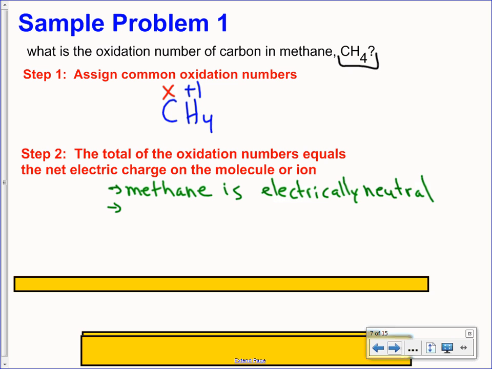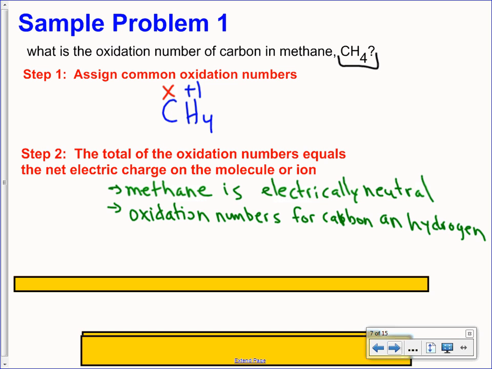So what that means is that the oxidation numbers for carbon and hydrogen must equal 0. So the sum of those oxidation numbers for carbon and hydrogen has to be equal to 0.